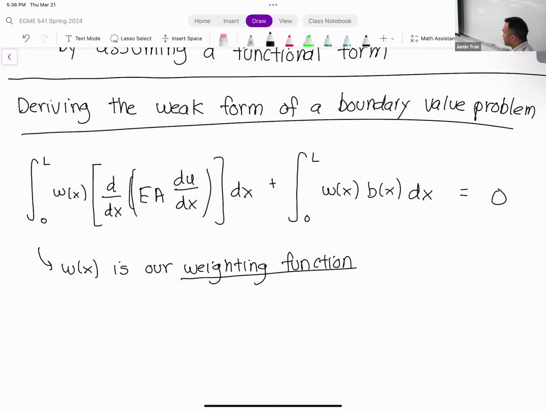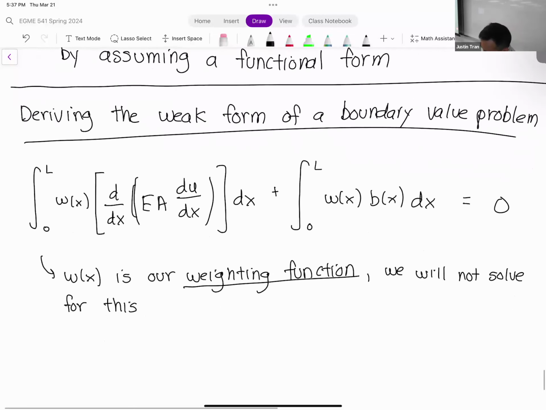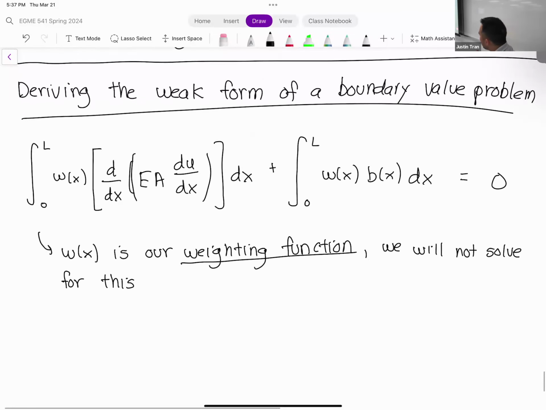It's not something that we're going to solve for. So ultimately, it's not something that we specifically have to worry about. But this weighting function, in order for it to be useful for us, does have to have certain qualities or characteristics.